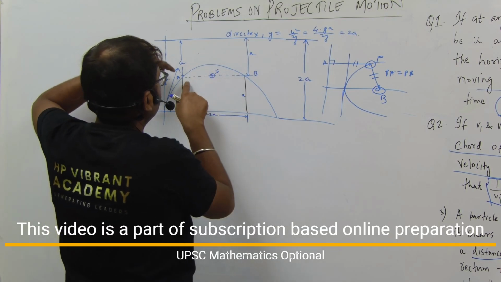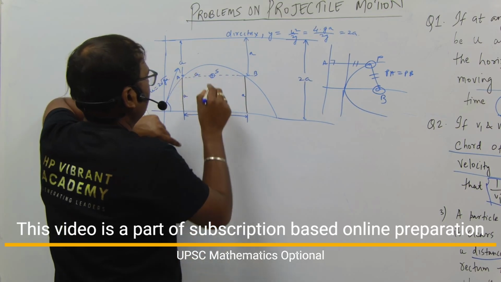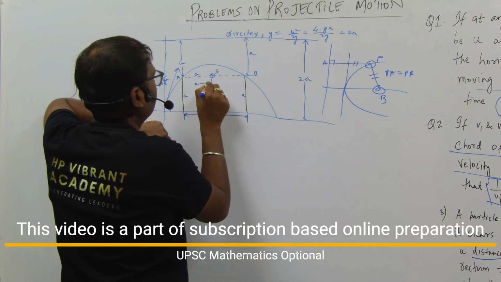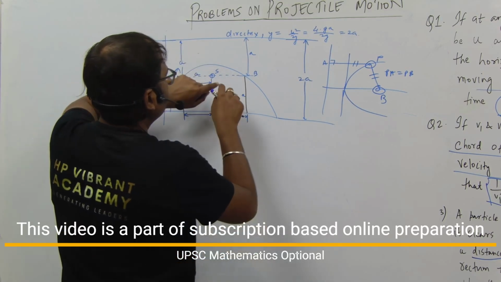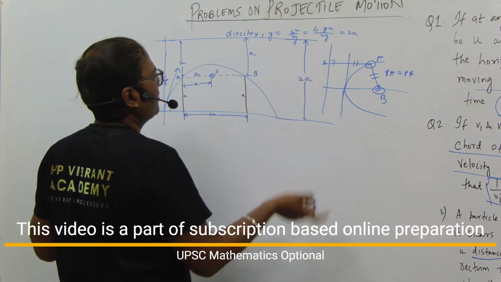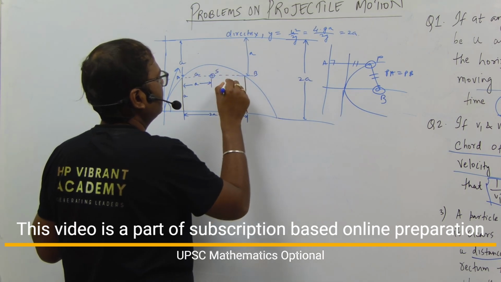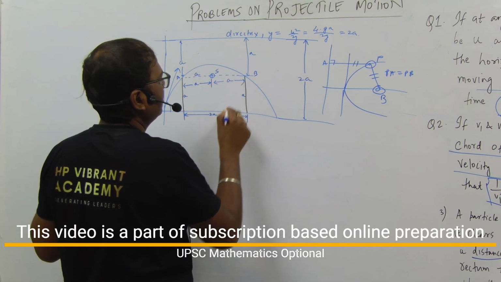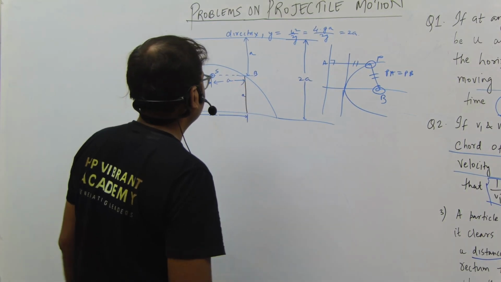So the distance of this point from the focus is a, as per the property of the parabola. Similarly, the distance of point B from the directrix is a, so the distance of B from S will also be a. So this total distance is 2a.